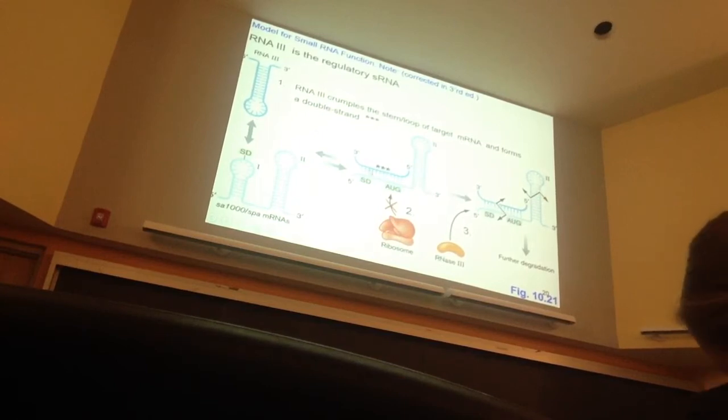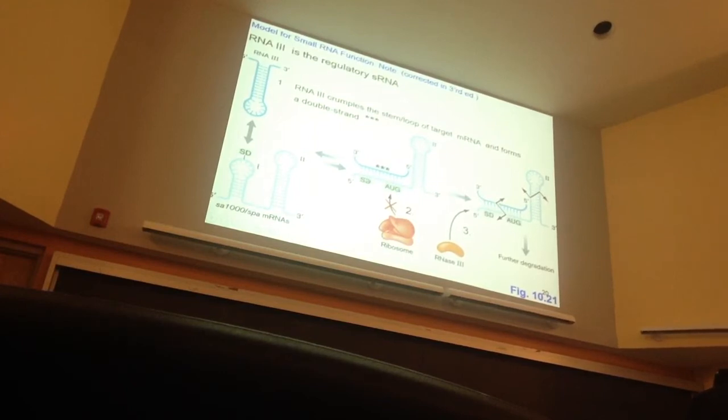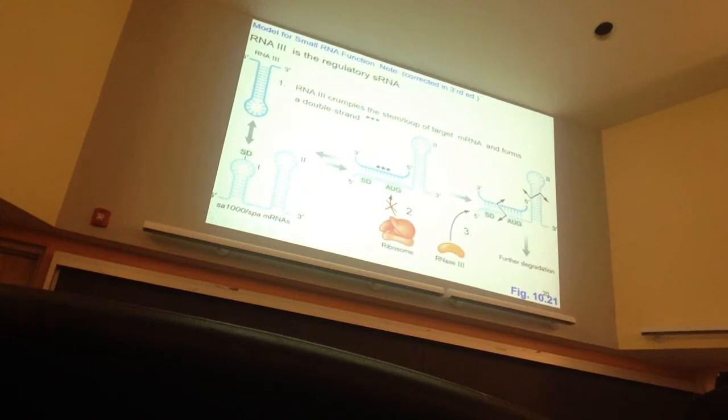This thing unfolds and base pair matches. It is the antisense sequence of the sense sequence, and therefore will base pair match. If this is now going to be double-stranded, your messenger RNA cannot be translated. Your ribosome can't dock onto the messenger RNA because now you've got double-stranded RNA.